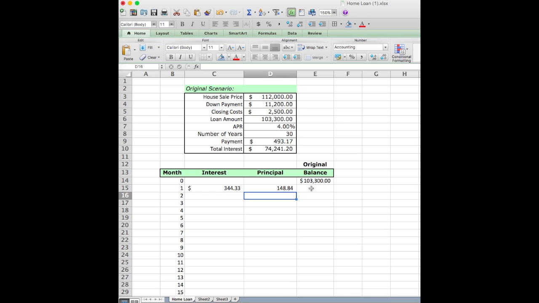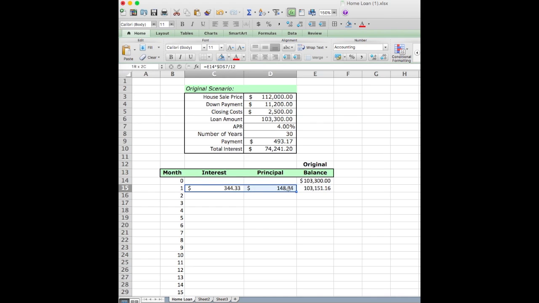And then to find the balance at the end of that month, I'm going to say this equals our previous balance minus our principal, and hit enter. And so I see after that first payment I still owe $103,151.16. And I'm going to go ahead and change that so it is formatted as money.